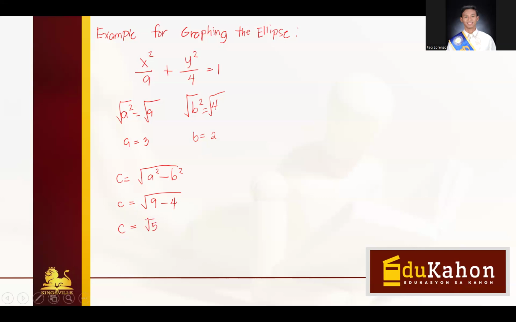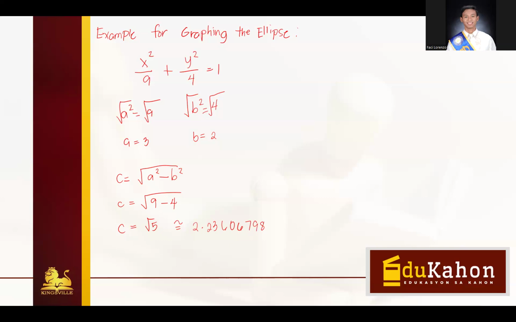If we approximate the value of the square root of 5 using our calculator, it is equal to 2.23606798.